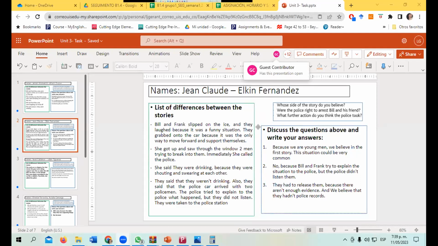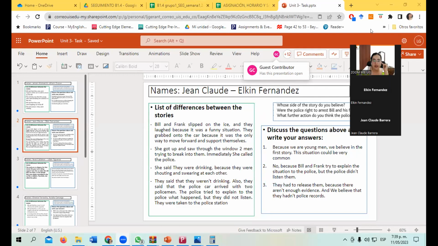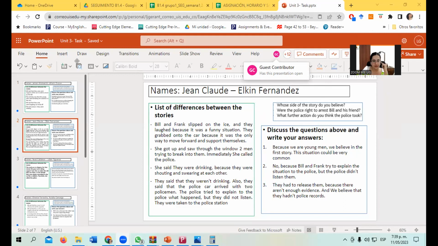All right. So the differences. Bill and Frank slipped on the ice and they laughed because it was a funny situation. They grabbed onto the car because it was the only way to move forward and support themselves. She got up.